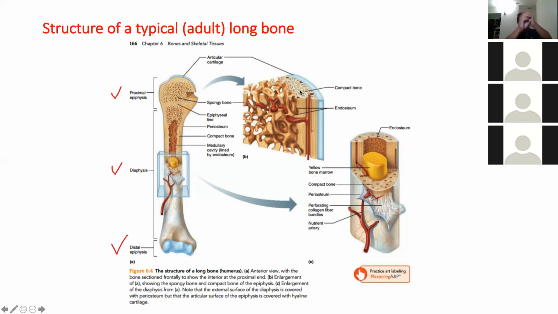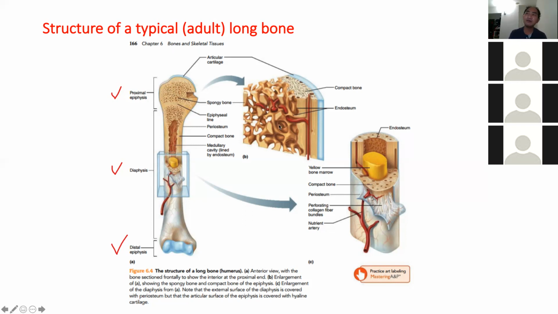Osteons are running in the compact bone along the length of the bone. And you can see the inner aspect, which is what we call the endosteum. And you have seen the nutrient artery penetrating the periosteum, compact bone, and going into the medullary canal. It is giving blood supply to the inner two-thirds of the compact bone.